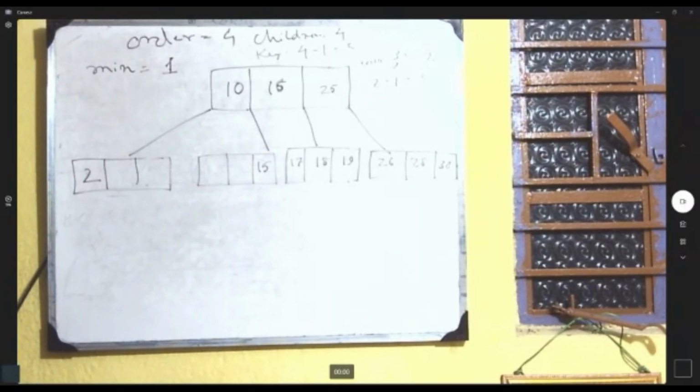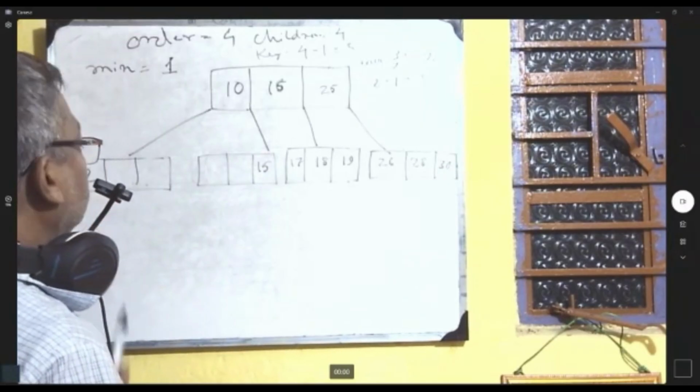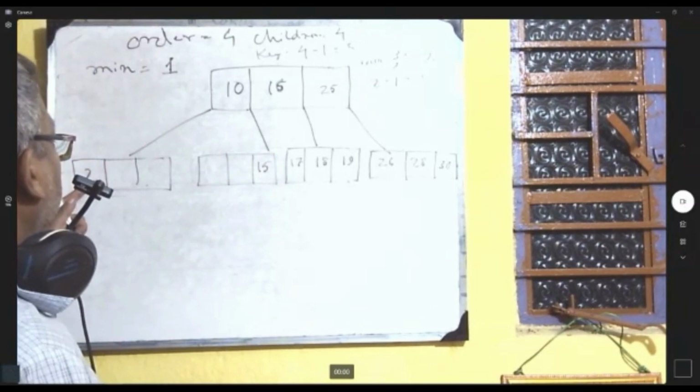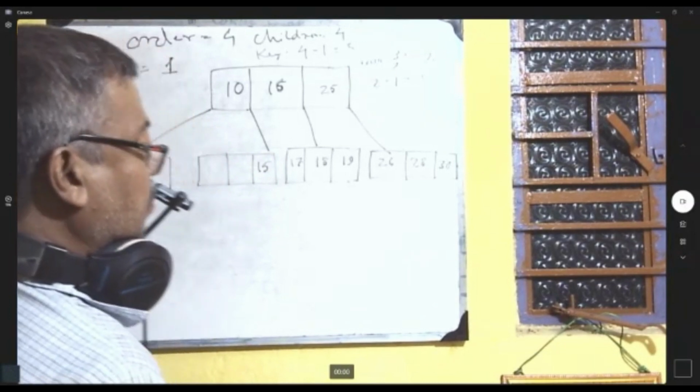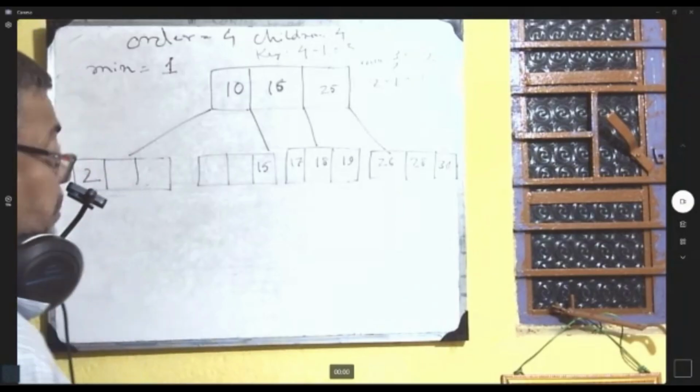Now, if we want to delete the key 2, is it possible? No, it is not possible. I cannot simply delete key 2 because the minimum key condition will be invalidated, will be violated. So we can't simply delete key 2 from this leftmost node.